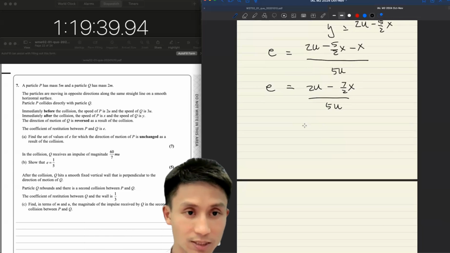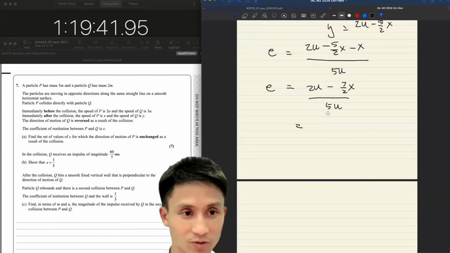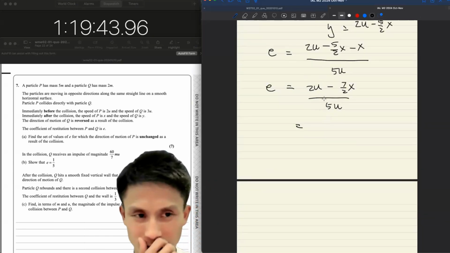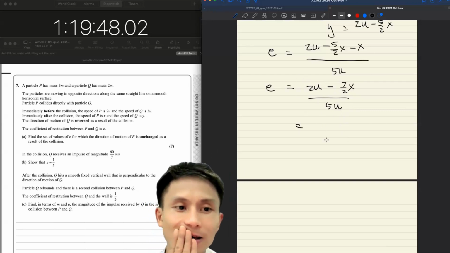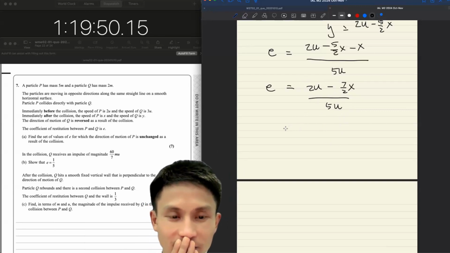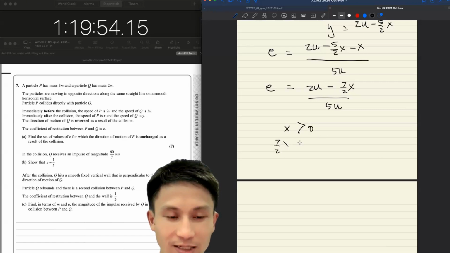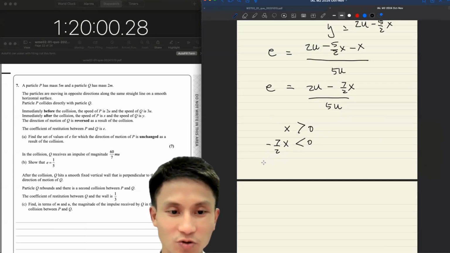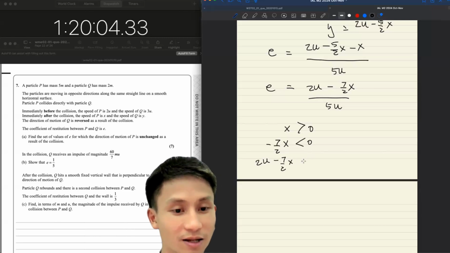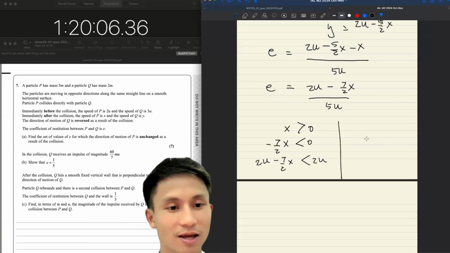So we're going to start from x greater than 0. So 7 over 2 x is greater than 0, so minus 7 over 2 x is less than 0. If we add the 2u, we have 2u minus 7 over 2 x less than 2u, right?